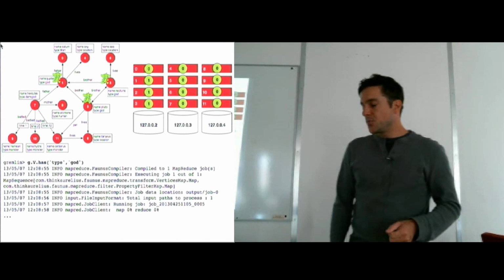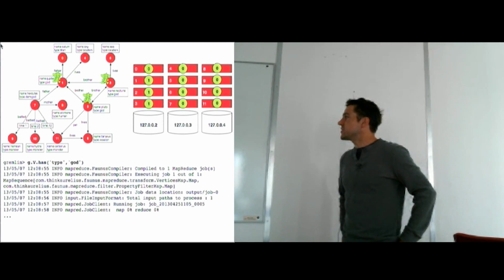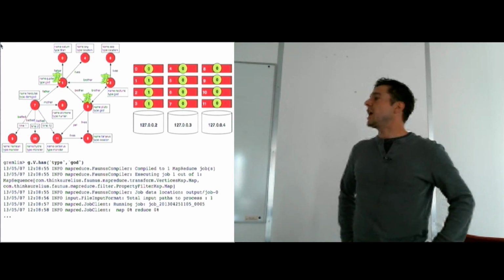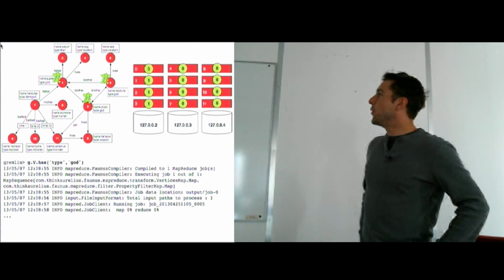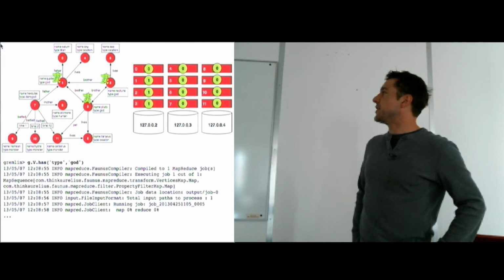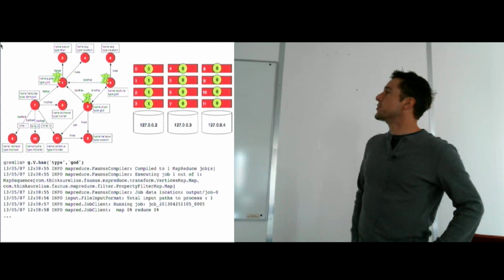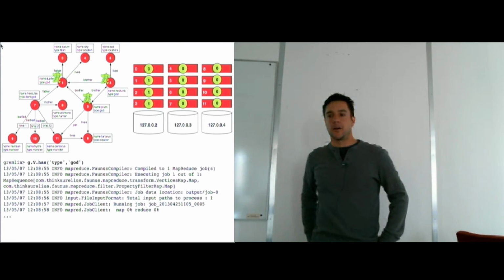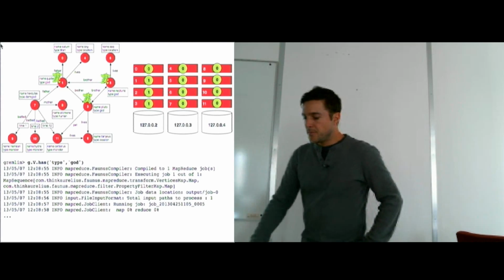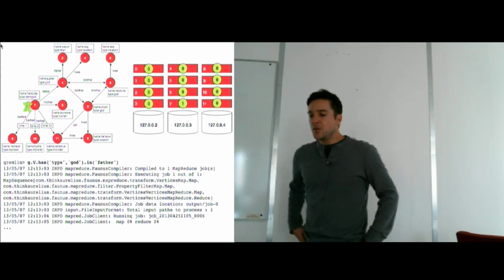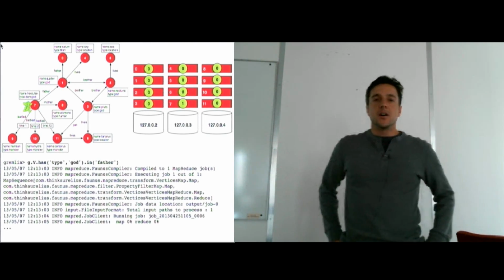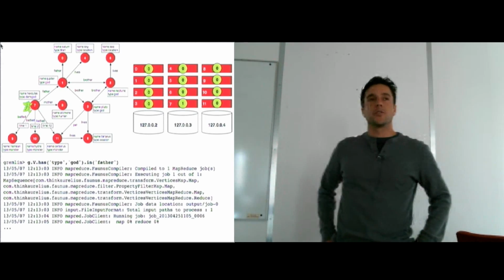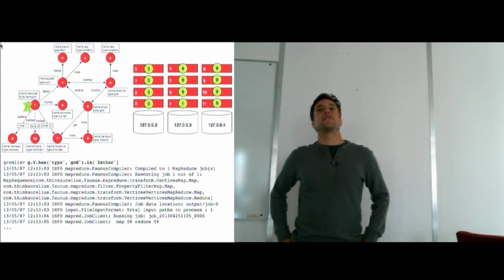The next thing I can say is, well, I want to do a filter on this such that I only care about those vertices whose type is God. And at that point, most of the gremlins in the graph die, and there's only gremlins at particular vertices in the graph whose type property is of type God. And then I can say, well, of those gods, who are their children? So who did they father?